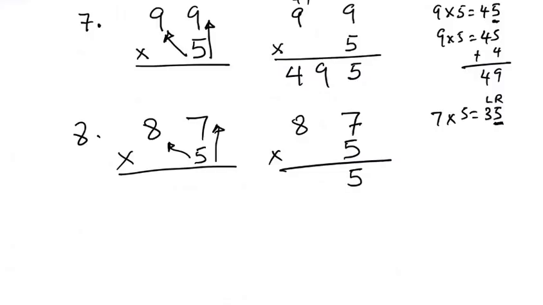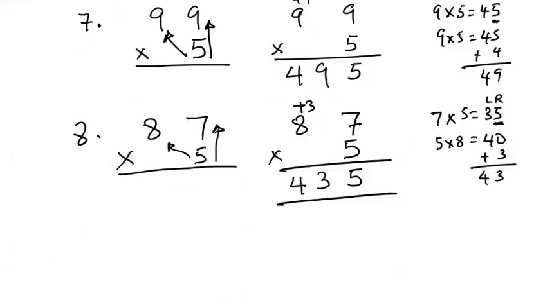And our 3, we carry it forward. Please don't forget to always know the number you're carrying forward, because it's very important. And then 5 times 8, that will give us 40. Remember the plus 3 we carried? And that's 43. Then we have 435.